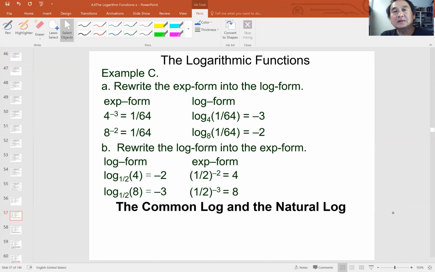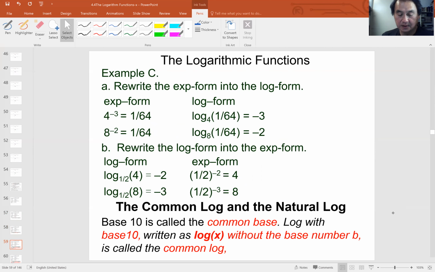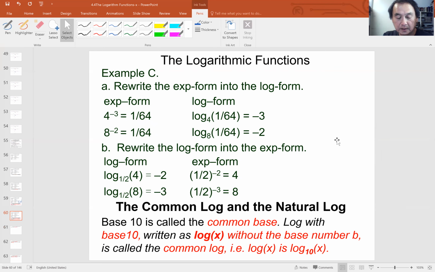Now, what bases do we use? Any number can be used as a base as long as it's positive. So which bases do we use the most? We use the following three bases the most: 10 to the x, e to the x, and 2 to the x. 2 to the x is mainly in computer science, and the others are in science, biology, accounting, and business.